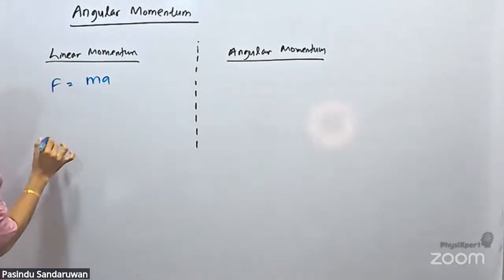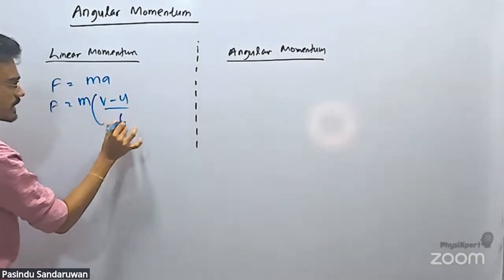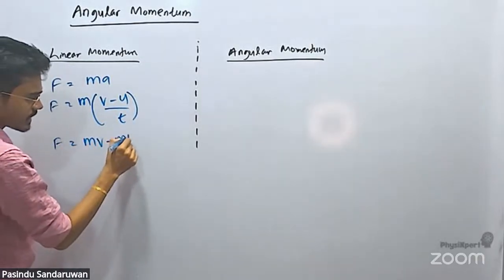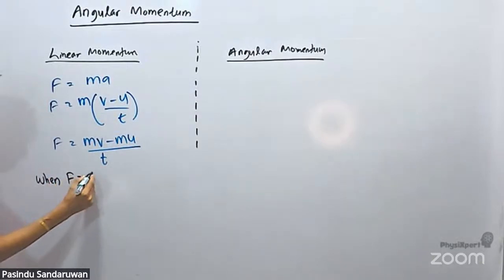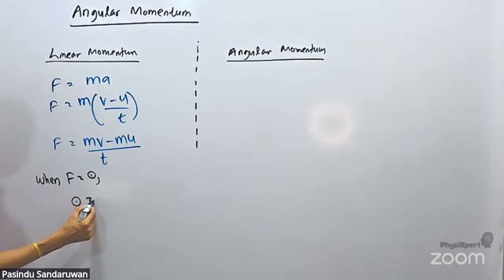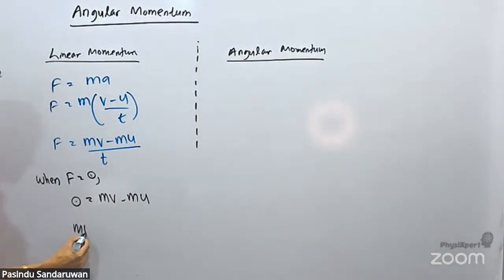When F equals ma, a can be written as v minus u over t. Then it comes to F equals mv minus mu over t. This happens when F equals 0, when the external unbalanced force is 0. What happens is 0 equals mv minus mu.